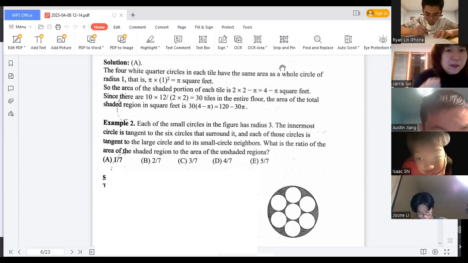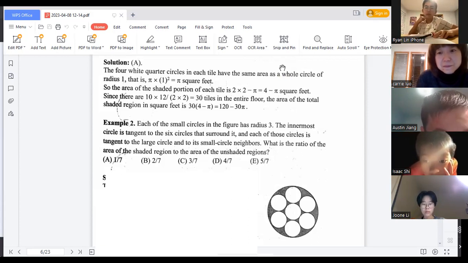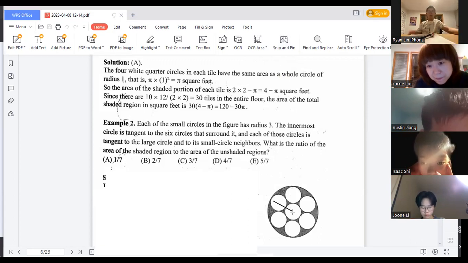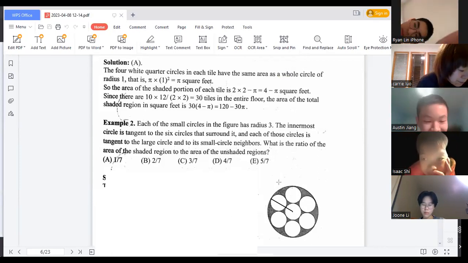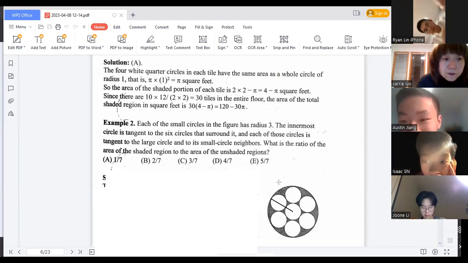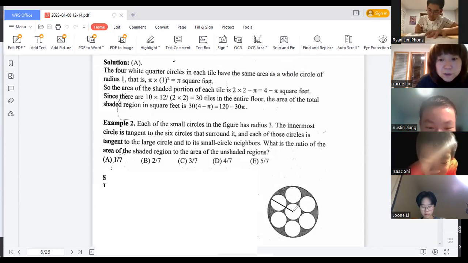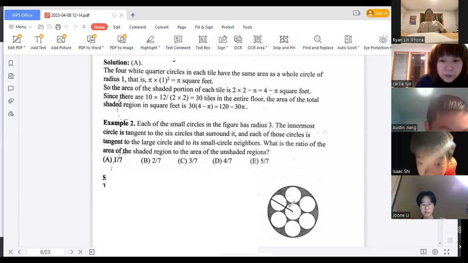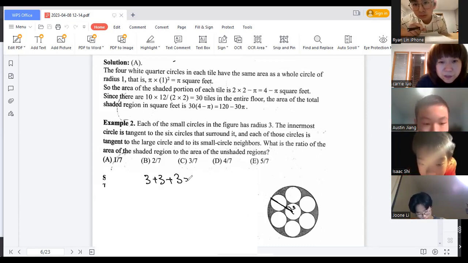做的比你做的慢，但是人家做对了。Austin 知道自己哪里错啊？OK，他说这个 radius 是3，对不对？这个 smallest 是3，对不对？那我问你这条线是多少？3 plus 3 plus 3 equals 9, right?